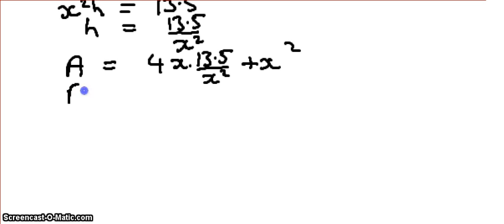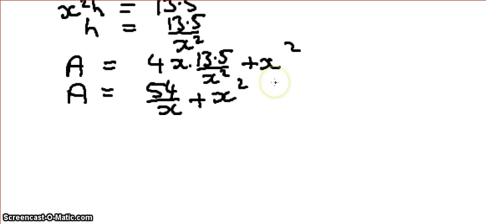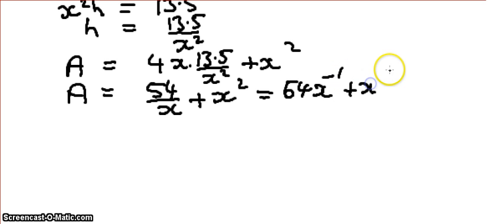So A is equal to, if we work that out, 4 times 13.5 is equal to 54 over x, plus x squared still, or we could write that as 54x to the negative 1 plus x squared.